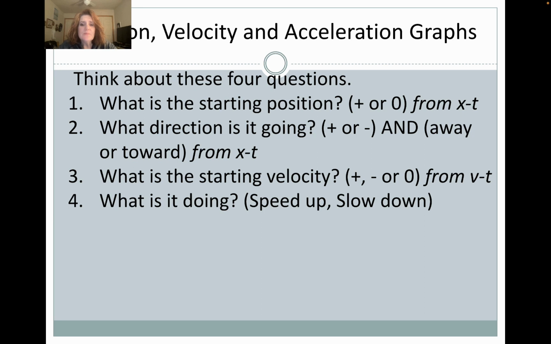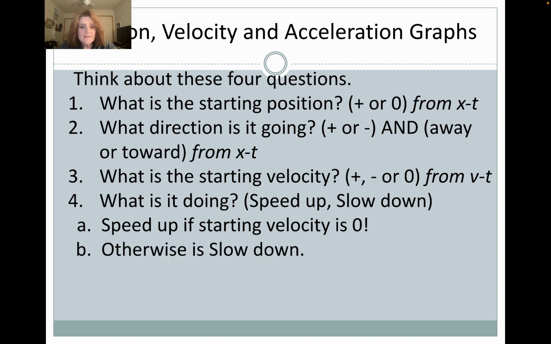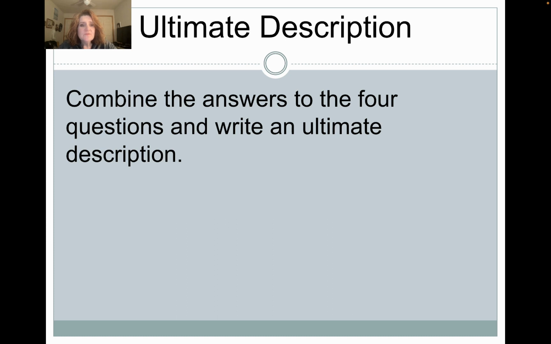Is it speeding up or slowing down? This class will not deal with changing direction. Speeding up is only if its starting velocity is 0. Otherwise, it's going to be slowing down. So the ultimate description combines those 4 answers to write a description of what the object is doing.